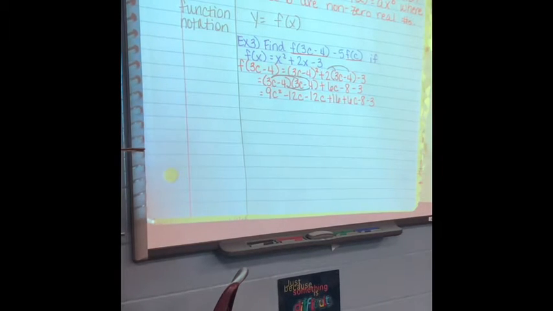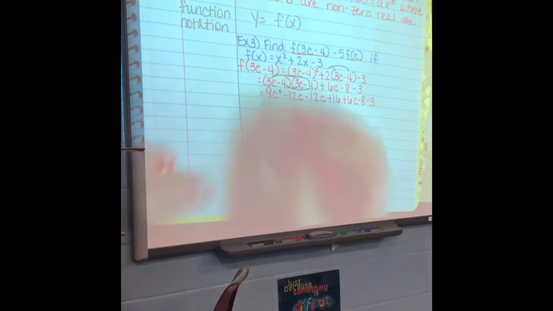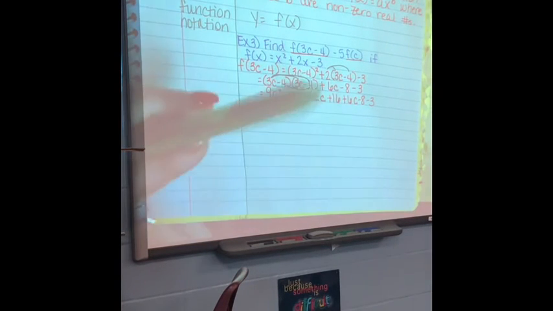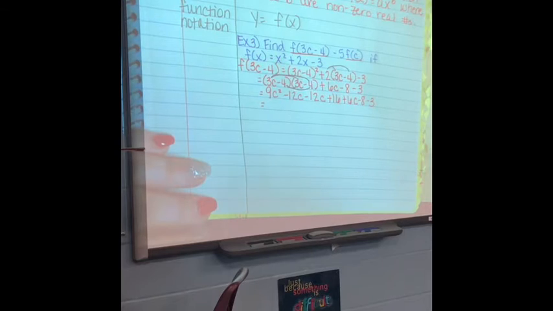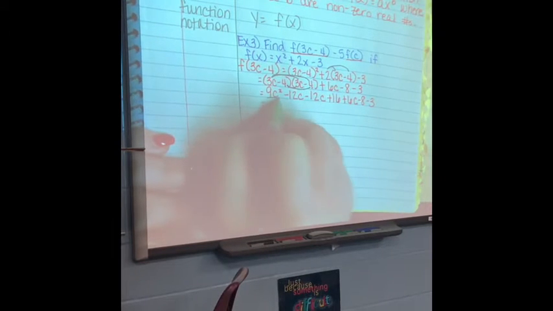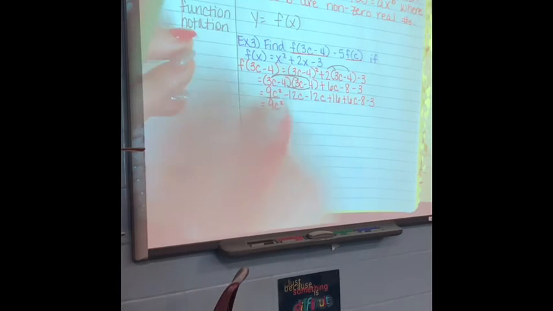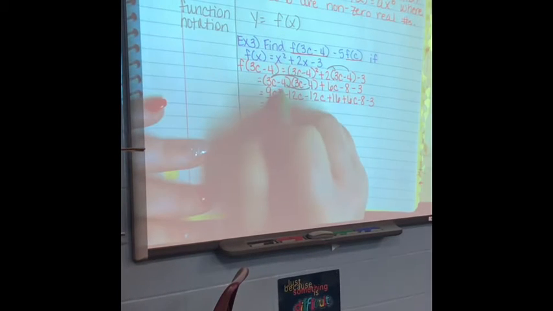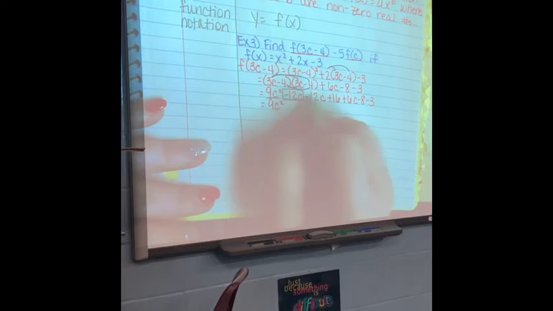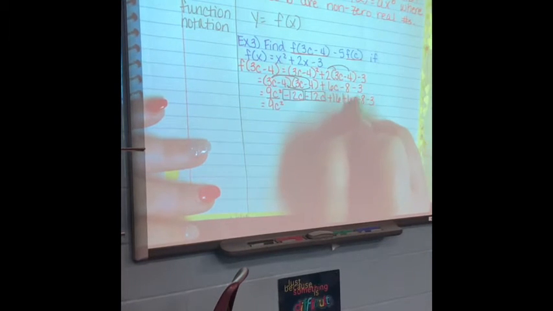Am I done? What do I need to do? Combine some like terms. So 9c squared, does anything combine with it? No, I'm going to bring that down. Then I have negative 12c, negative 12c, and positive 6c.